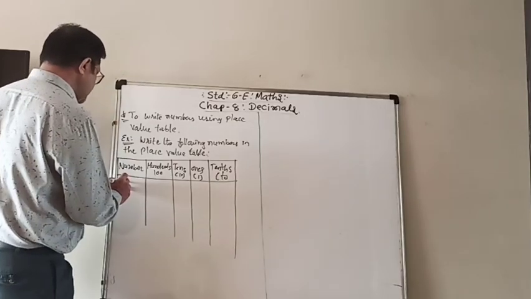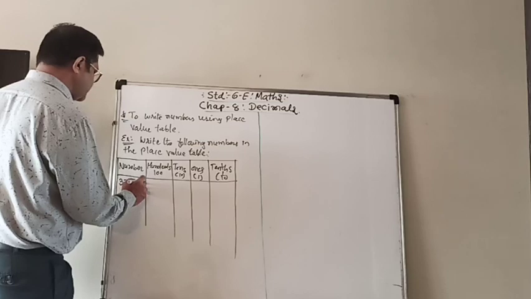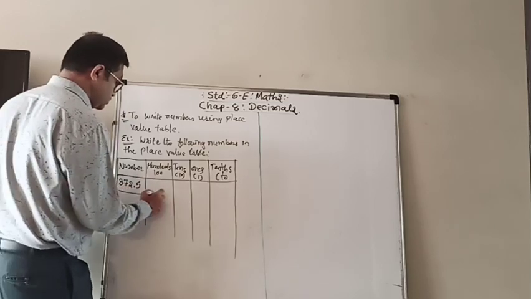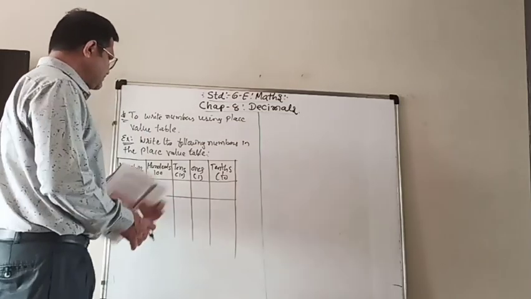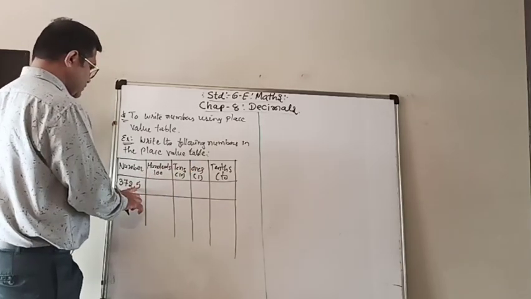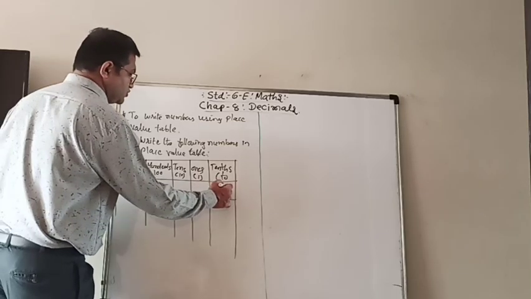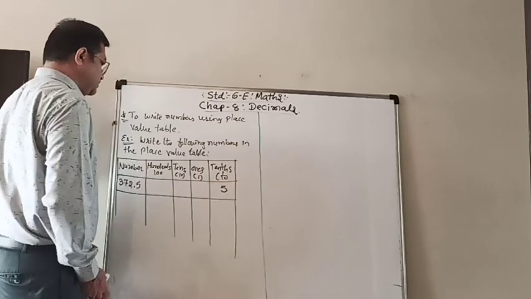First I am taking the number 372.5. So we know that the 5 after the decimal point is in the tenths place, so that will come on that side.